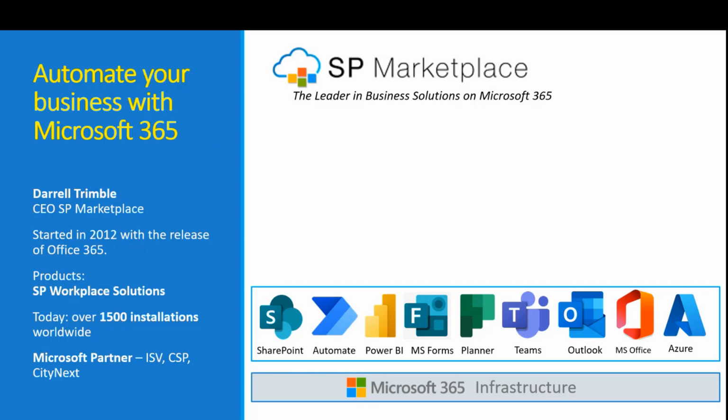A little bit about the company. We started in 2012, so we have been doing this for 11 years. What we do is we actually create out-of-the-box business applications on top of the Office 365 and Microsoft 365 platform. They are built right into the platform, and this is a real differentiator for us.